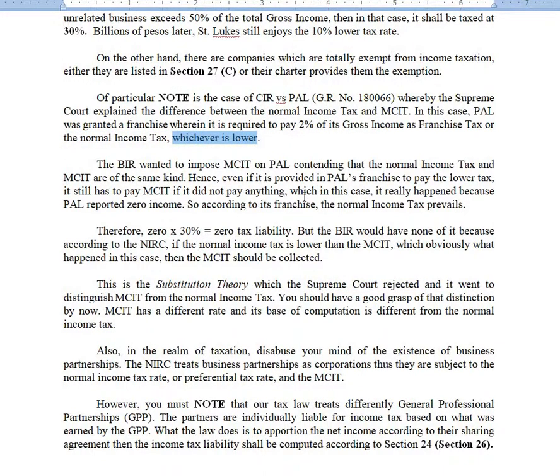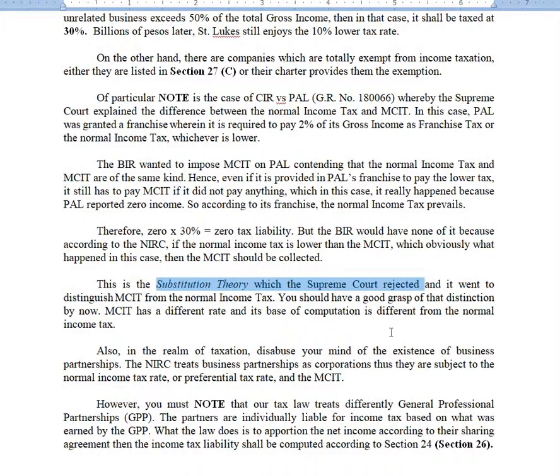Such that the court said in this case that the MCIT is included in the other taxes which PAL is not liable to pay. The substitution theory, as rejected by the Supreme Court in this case, is not applicable.